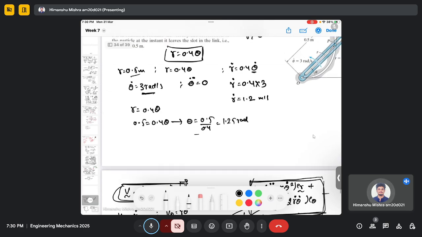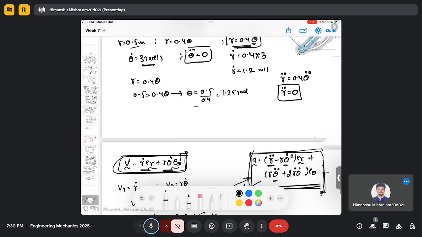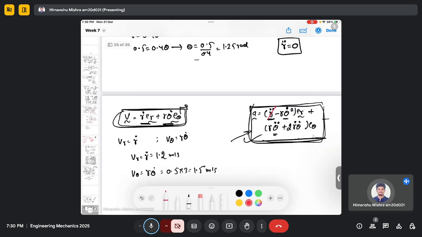Then my r double dot is, if I again differentiate this expression, I will have r double dot equals 0.4 theta double dot, and my theta double dot is 0, and therefore my r double dot is 0. So this term will be 0 here.